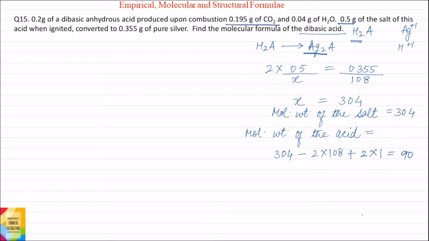Weight of carbon dioxide is given as 0.195 gram. Moles of carbon is equal to moles of carbon dioxide, because 1 mole of carbon dioxide contains 1 mole of carbon, and this is equal to 0.195 gram divided by 44, and this is equal to 0.004 moles.